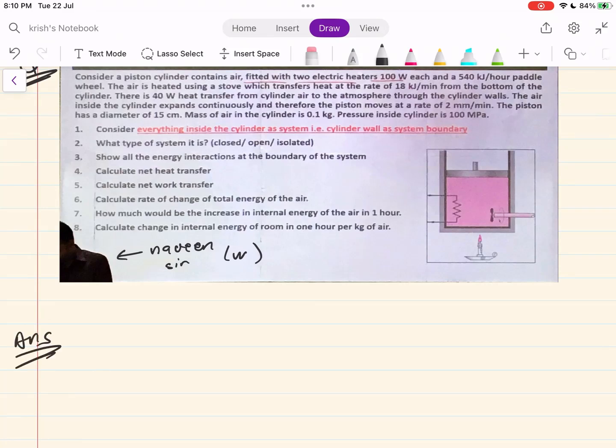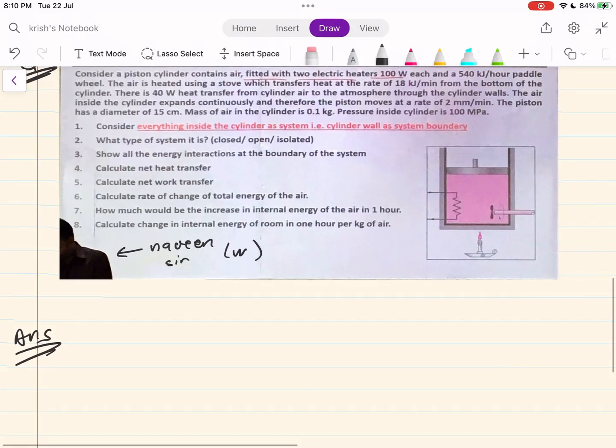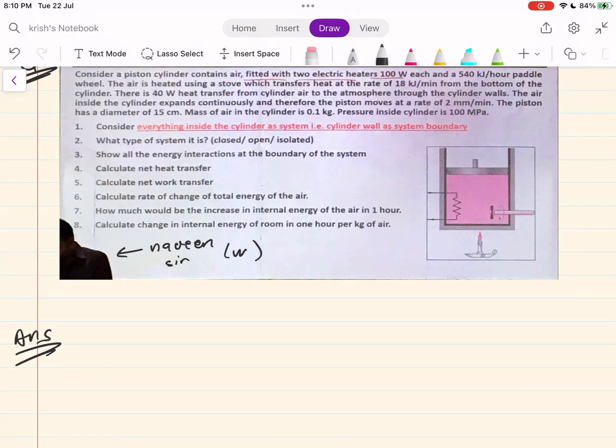Right. Consider a piston cylinder filled with air, fitted with two electric heaters, 100-watt each, and a 540 kilojoule per hour paddle wheel. Okay. And this is our paddle wheel.